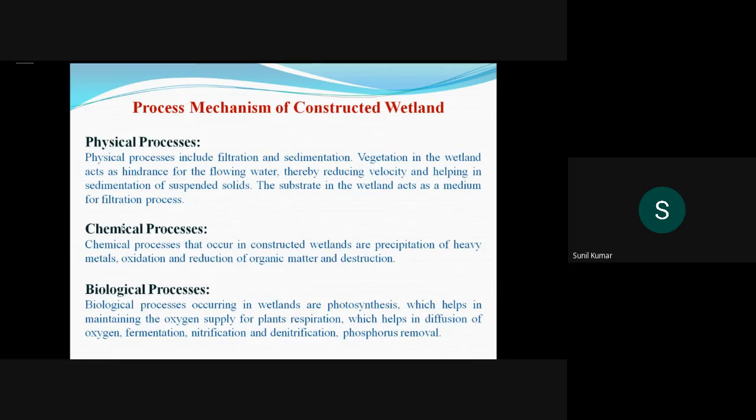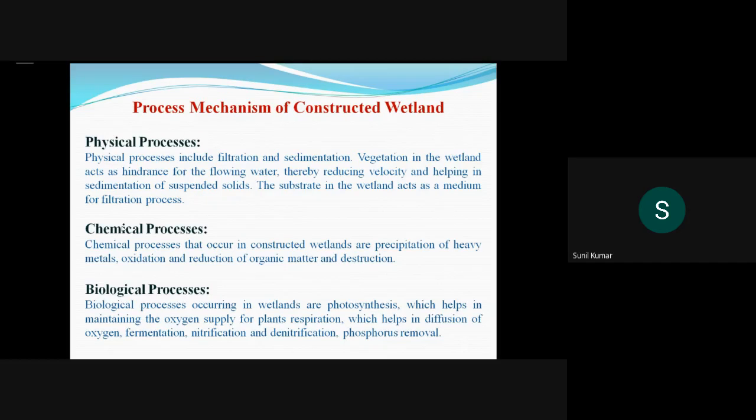Next one is the chemical process. Basically, the chemical process is the oxidation and reduction of organic matter, which generally takes place in any treatment plant. Similarly, the same process happens in a constructed wetland also. Oxidation of the matter will be there, reduction of the matter will be there.